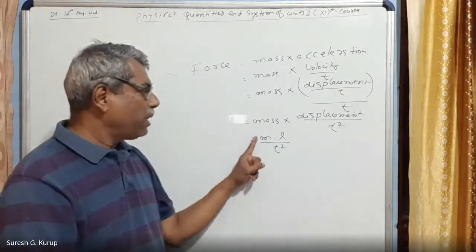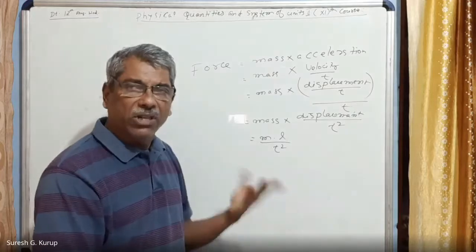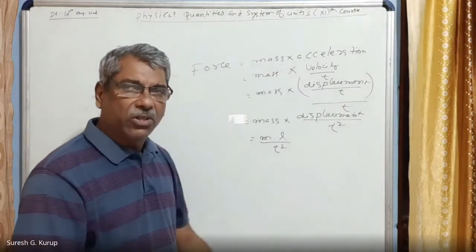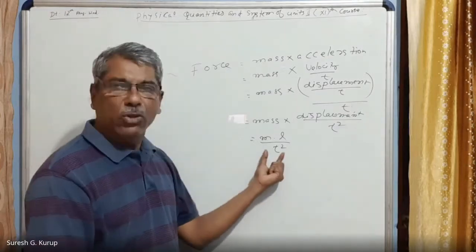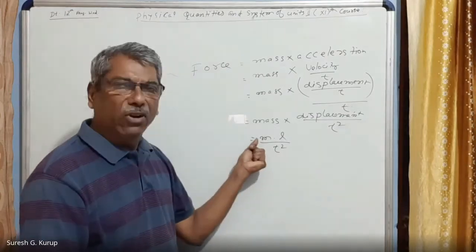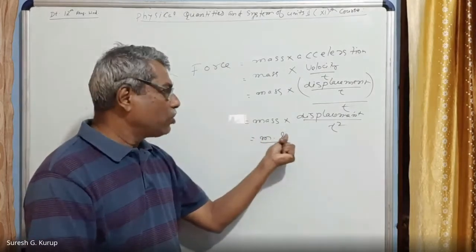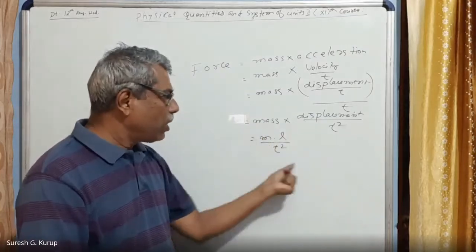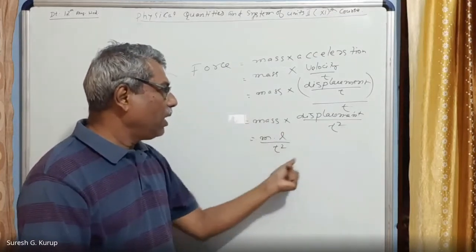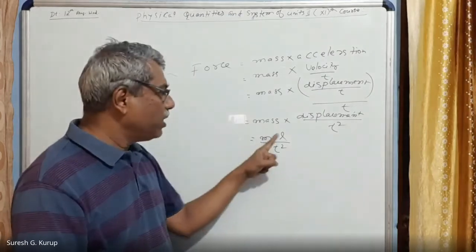M is the symbol of mass, L is the symbol of distance or length, because displacement is a length only. Distance traveled and displacement are both measured in length only, divided by time square. This is a fundamental quantity, and its unit is a fundamental unit, and this is also a fundamental quantity. So all these fundamental quantities are involved in explaining force. So force is specified by these quantities.